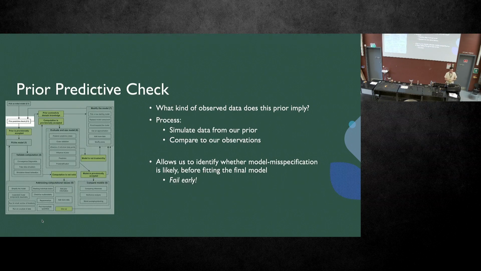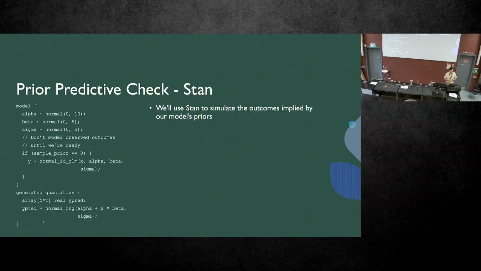To implement this using Stan, all we're going to do is use one of the other blocks. This one is the generated quantities block down the bottom here, and this is for generating quantities. We take our priors, and we introduce a new data argument, and we use this as a Boolean toggle for whether or not we're actually modeling our observed outcomes here.